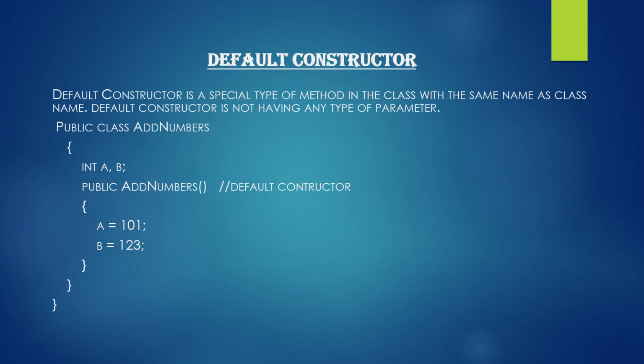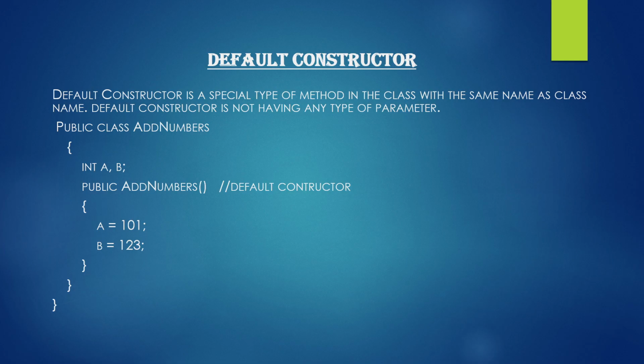What is a default constructor? A default constructor is a special type of method in the class with the same name as the class name. A default constructor does not have any parameters, so we can say that a default constructor is a parameterless constructor. So this is the example for the default constructor. Public class AddNumbers, then declare two integer variables a and b.